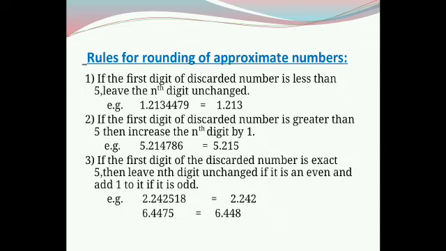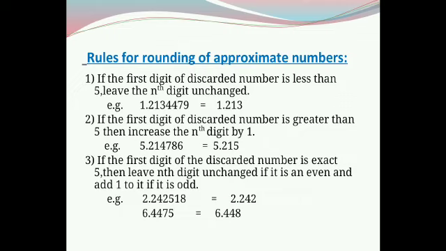Here the first digit of the discarded number is equal to 5 and therefore leave the nth digit unchanged. That means before 5 the number is 2, therefore it is unchanged. There is no change in that number. Therefore the answer is 2.242.